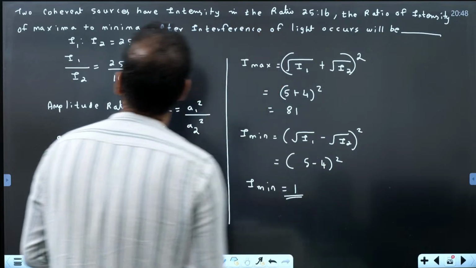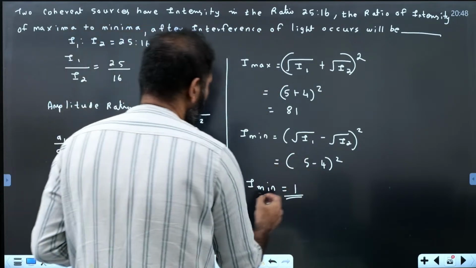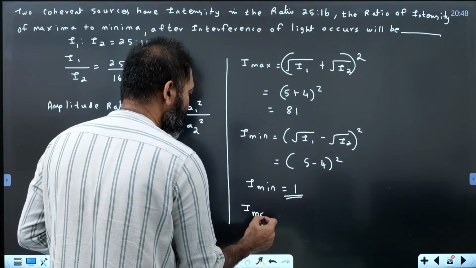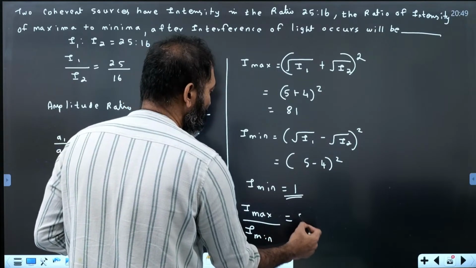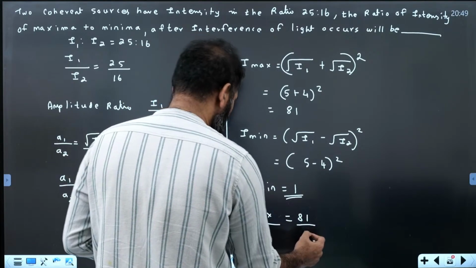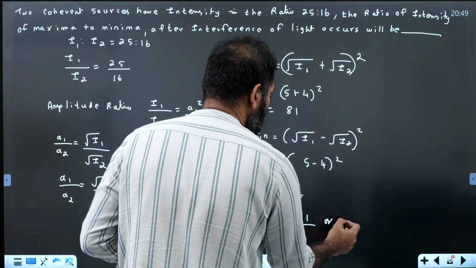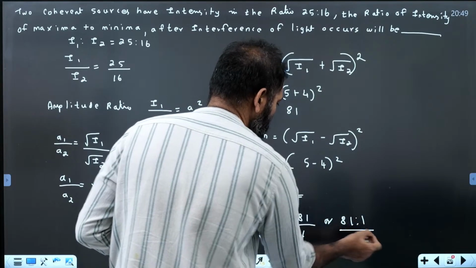Now the ratio of intensity of maxima to minima, Imax to Imin, will be 81 by 1 or 81:1.